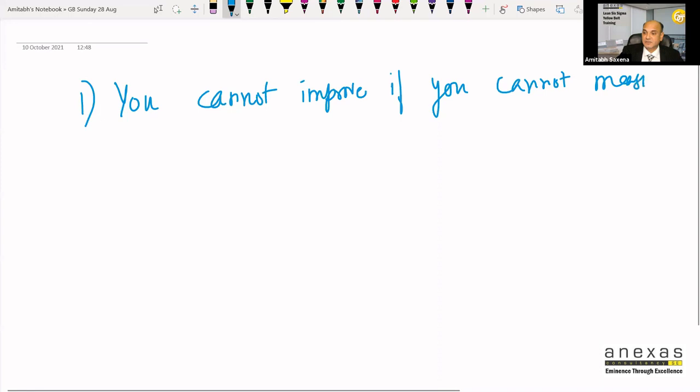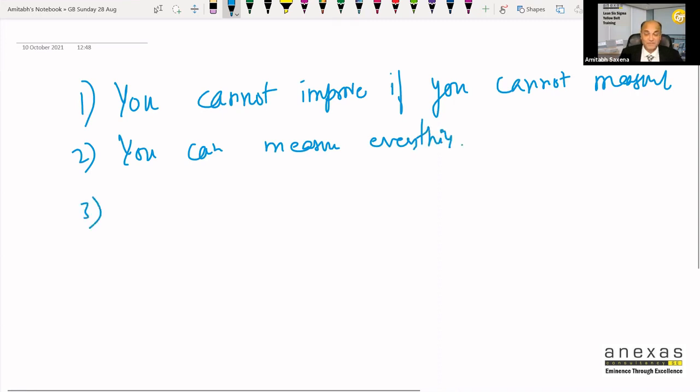And the second rule is you can measure everything. The third rule is, if you think something cannot be measured, go back to rule number 2. Or rather, jokes apart, the third rule is, if you think something cannot be measured, probably it is attribute data.